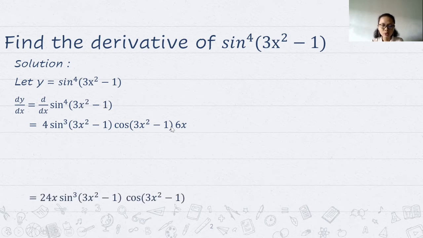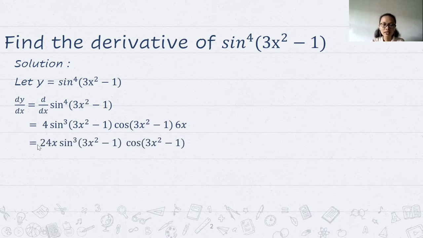We operate, and then it equals 24x sine cubed of (3x squared minus 1) cosine of (3x squared minus 1).